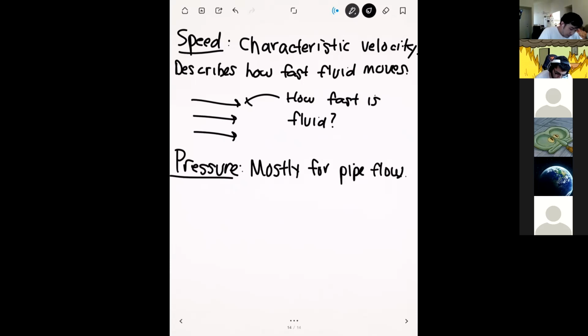Okay. And so pressure is really important because pressure, remember, is a force over an area. So a lot of times your pressure forces are going to be the ones that are driving your flow.